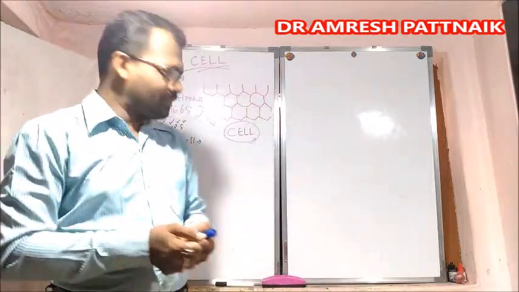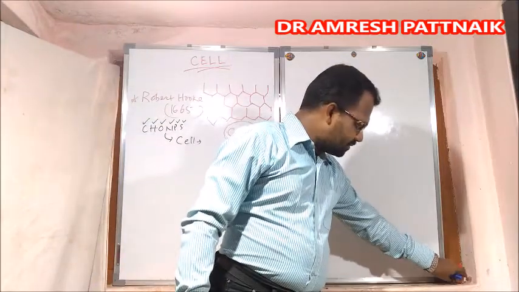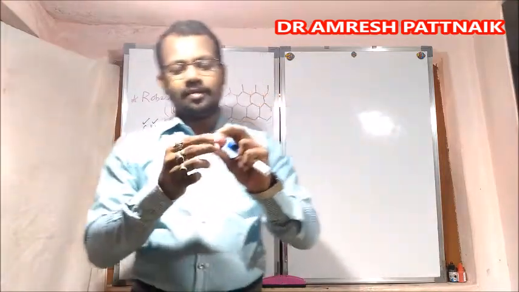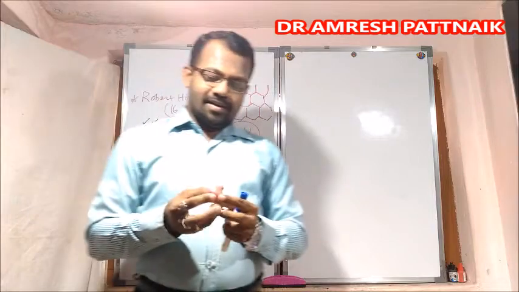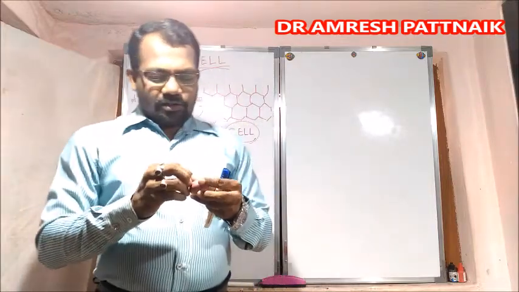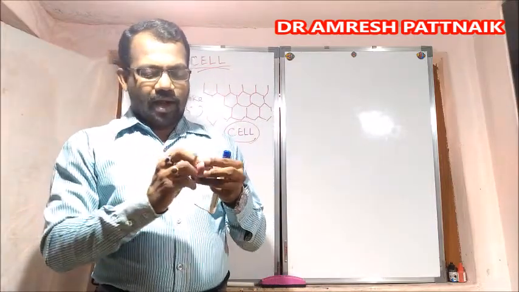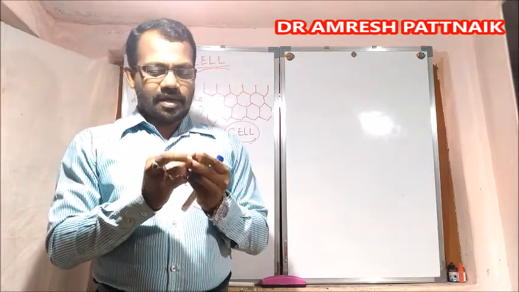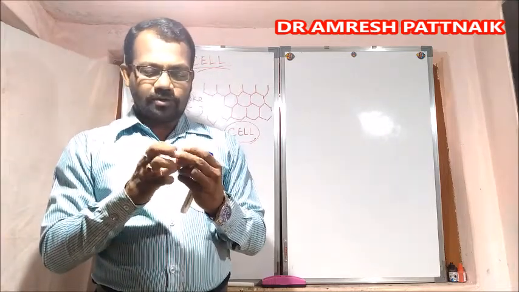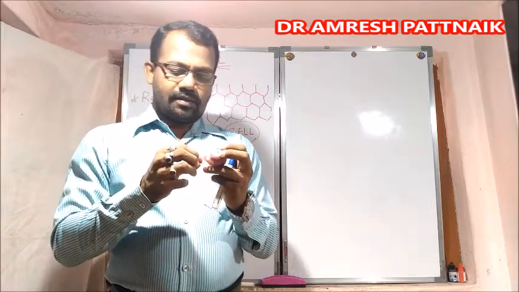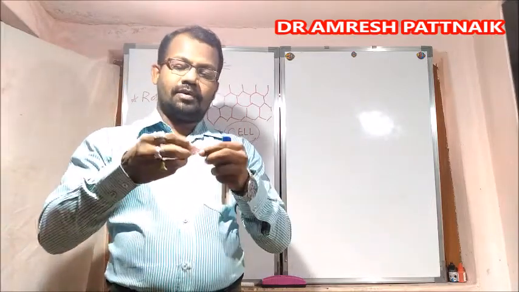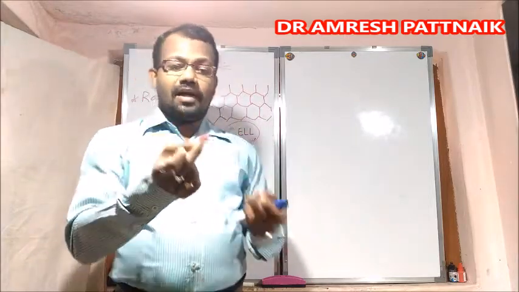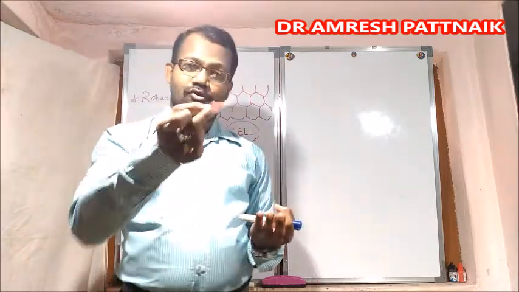After the cell is formed, many questions arise about how the cell looks. Take an onion, pyaz. You might have seen this. The onion has many layers; take out the dry outer cover and observe it under the microscope.